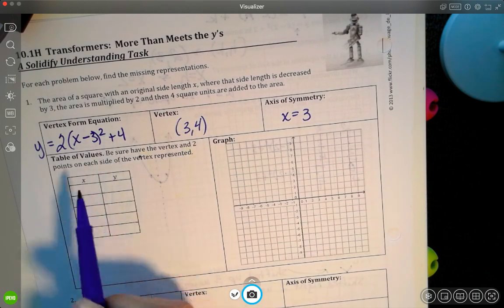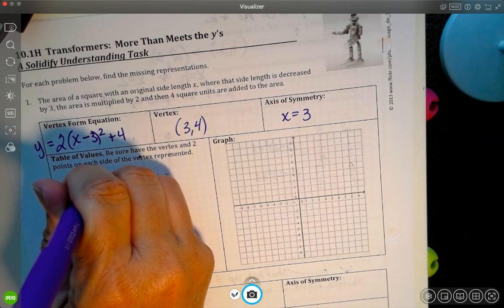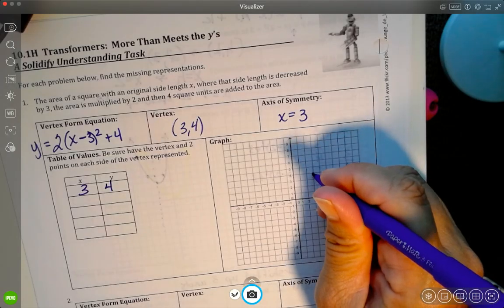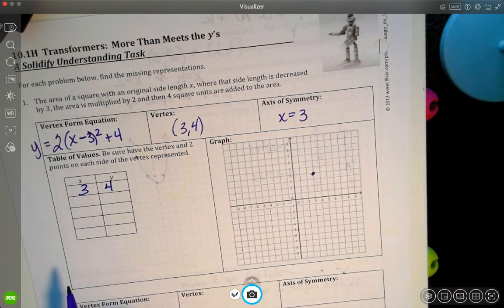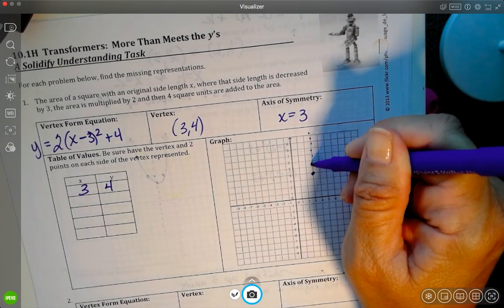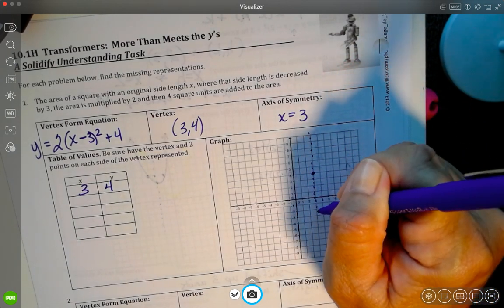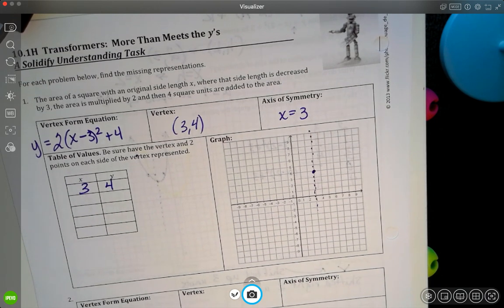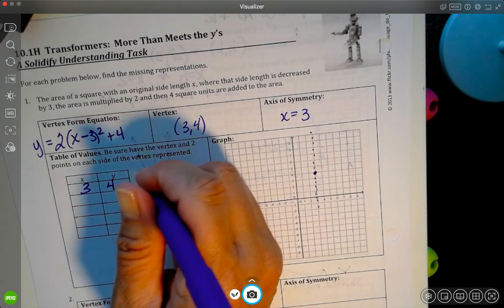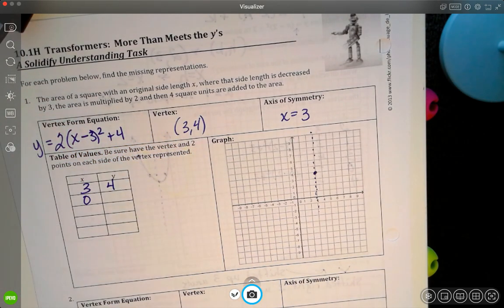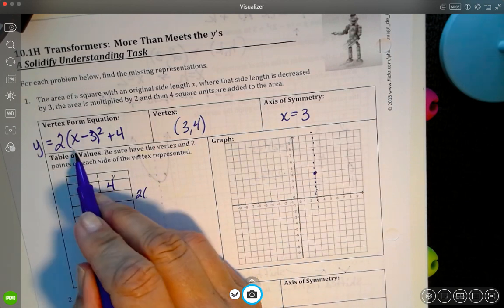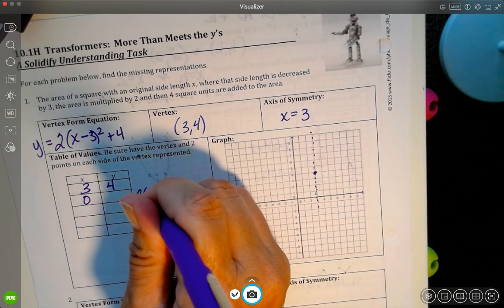Okay, table of values. Remember I was saying I start with the vertex, so (3, 4). And then I just want to find some other points. Here's my axis of symmetry. You don't have to put this in there, but I think it helps for symmetry. So maybe I want to see what happens if I plug in 0. I have 2 times (0 minus 3) squared plus 4.